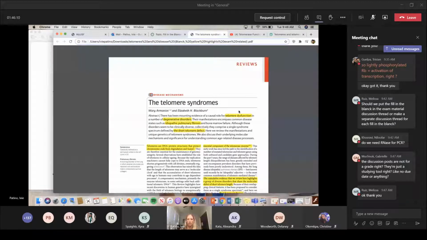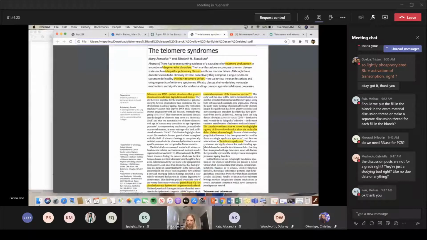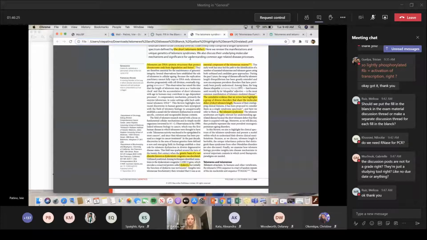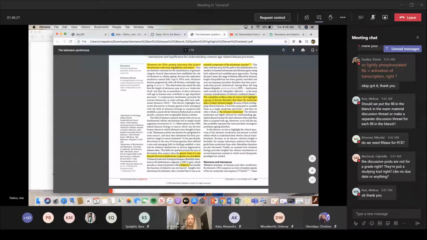So telomere dysfunction has been suggested in degenerative disorders like idiopathic pulmonary fibrosis, and it's a short telomere. So we know what telomeres are, right? DNA protein structures that protect chromosome ends from degradation.